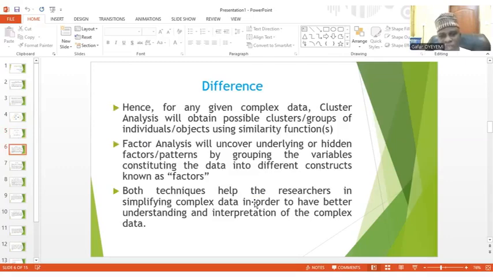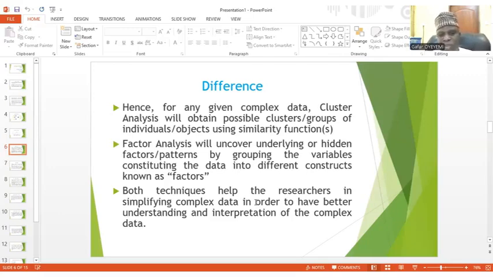Now let's look at the difference between the two techniques. For any given complex data, cluster analysis will obtain possible groups of individual objects based on some similarity functions. But factor analysis will uncover underlying or hidden factors or patterns by grouping variables into different groups known as factors.